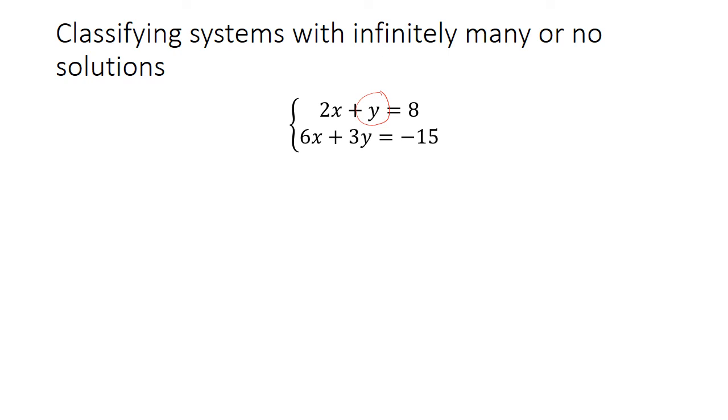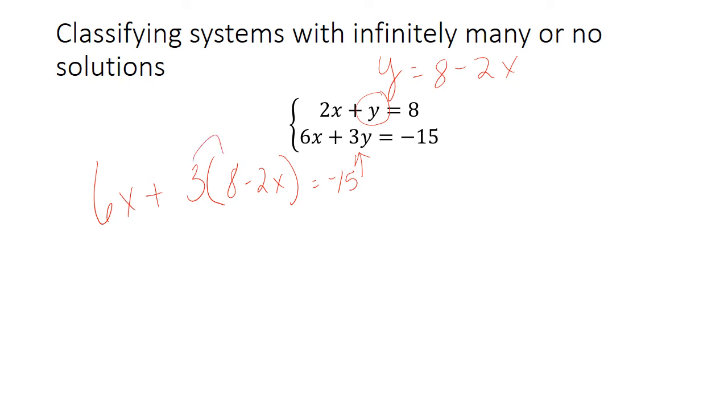So I'm going to do y is equal to 8 minus 2x and plug that in place of my y right here. So I'll do my 6x plus 3 times 8 minus 2x equals -15. Now I'm going to distribute.